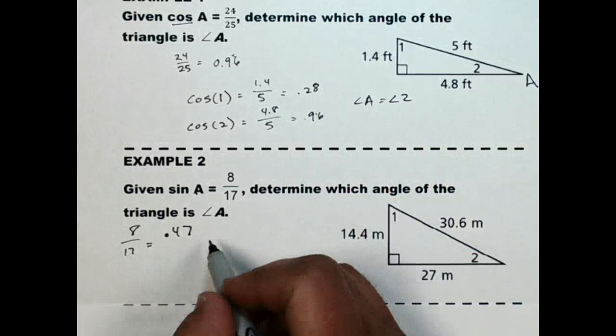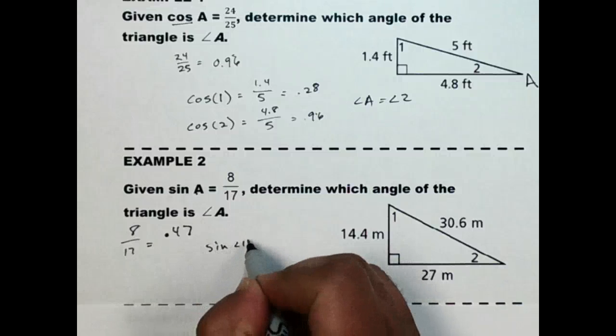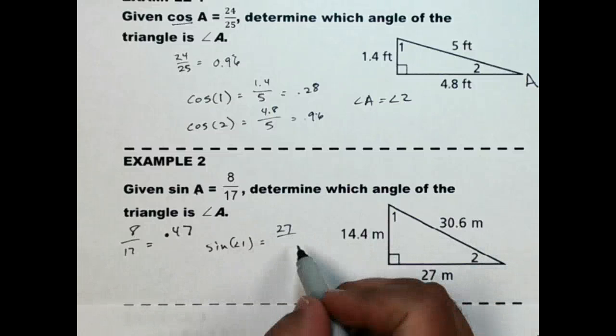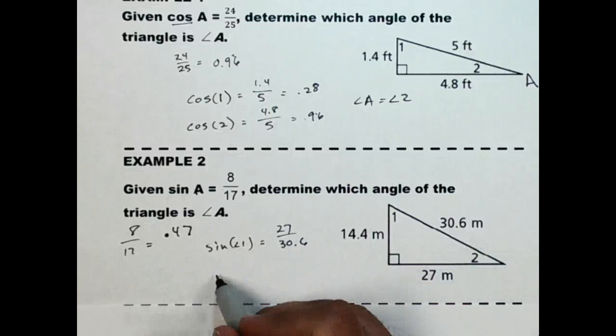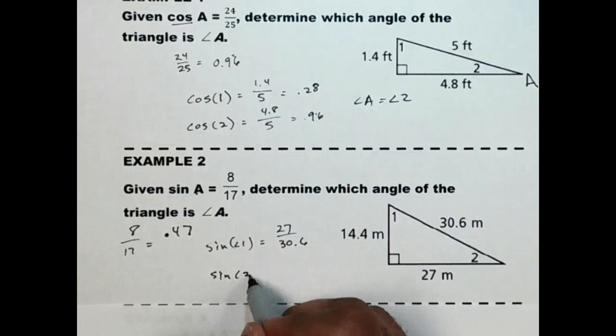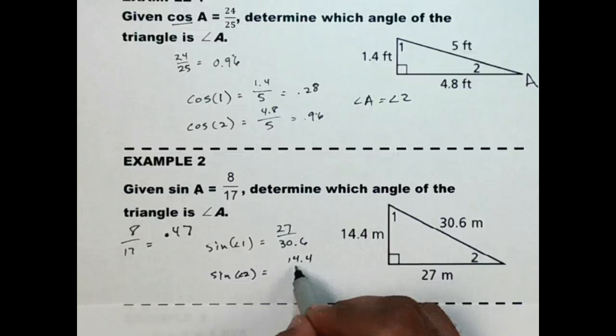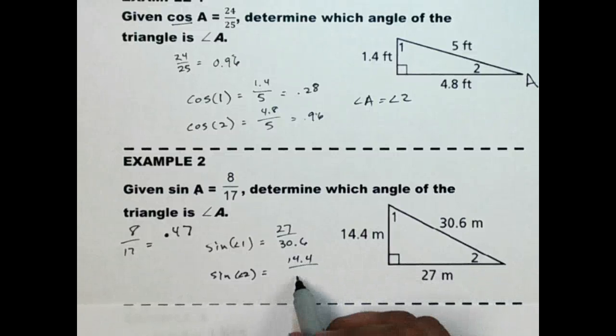And if I'm looking at, say, the sine of angle 1, that's going to be opposite over hypotenuse. That's 27 over 30.6. And then the sine of angle 2 is going to be 14.4 over 30.6.